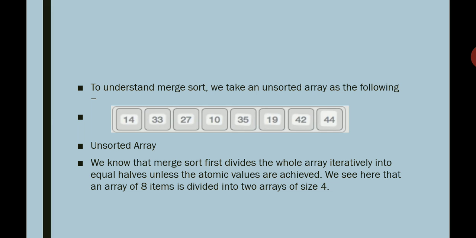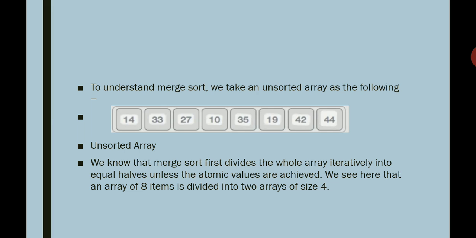Here we take an unsorted array consisting of 8 elements. The elements are 14, 33, 27, 10, 35, 19, 42, 44. Here there are 8 elements. We know that merge sort first divides the whole array iteratively into equal halves until atomic values are achieved. That means, which are the steps included in our divide and conquer strategy?